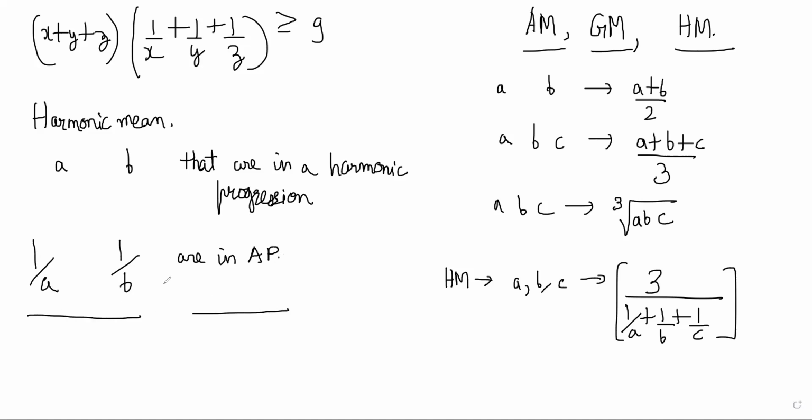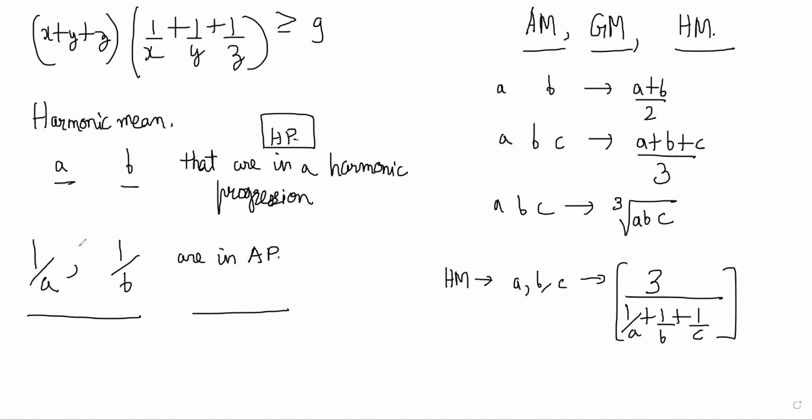If 1 by A and 1 by B are in AP, then A and B are said to be in HP. Are you understanding what I'm saying? If a sequence of numbers is in HP, it means that the reciprocals of those numbers are in AP.